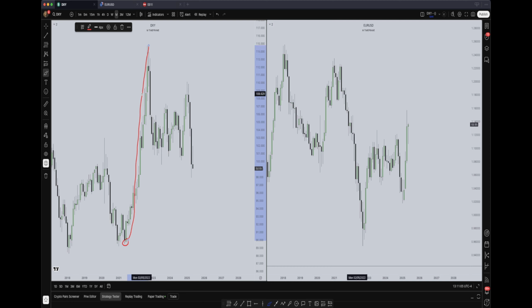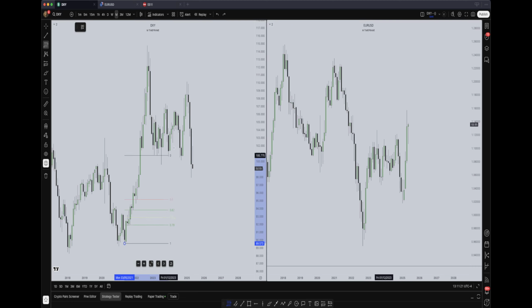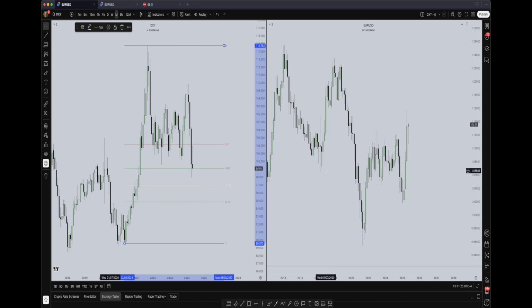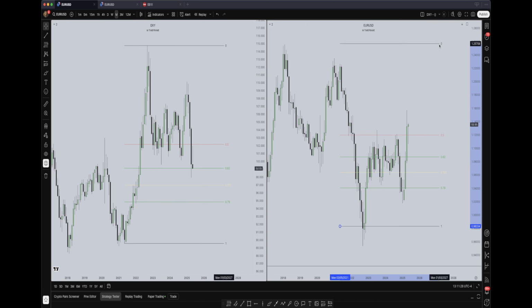All of this displacement to the upside, same here, right? So what I see now, and I would like you to see with me, I will do a Fibonacci so we can see the retracement area from this high to this low.